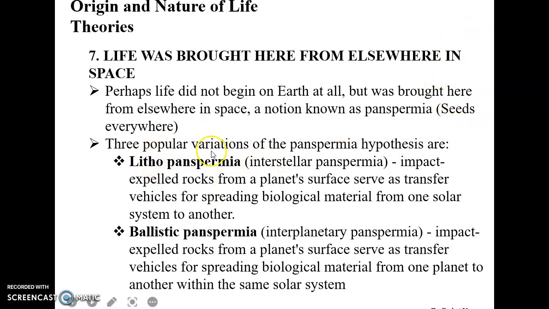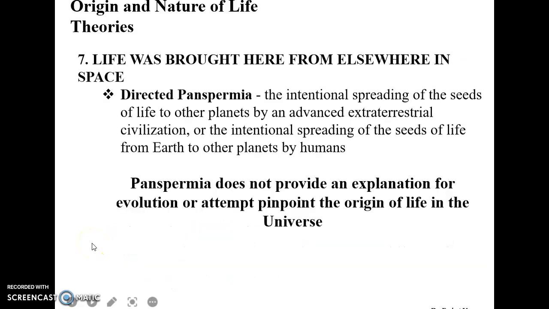First is lithopanspermia, in which impacts expel rocks from the planet's surface, and these serve as a vehicle for spreading biological materials. Ballistic panspermia is another variation, according to which impact-expelled rocks from the planet's surface serve as transfer vehicles for spreading biological materials from one planet to another planet.